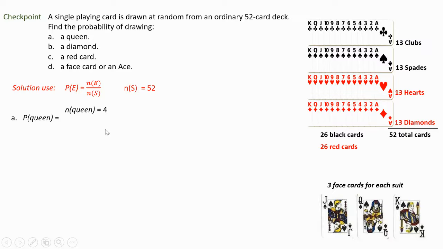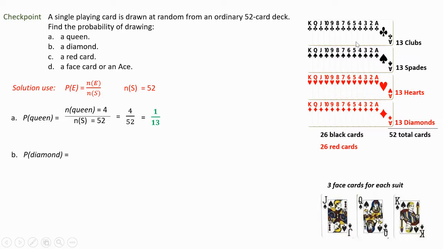So it's 4 over 52, which reduces to 1 over 13. So there's a probability of 1 out of 13 that when you draw a card, it's going to be a queen.